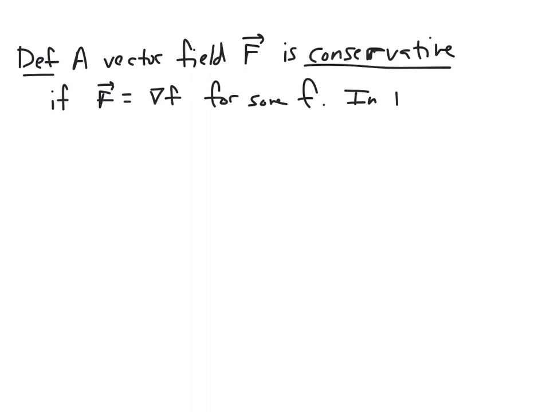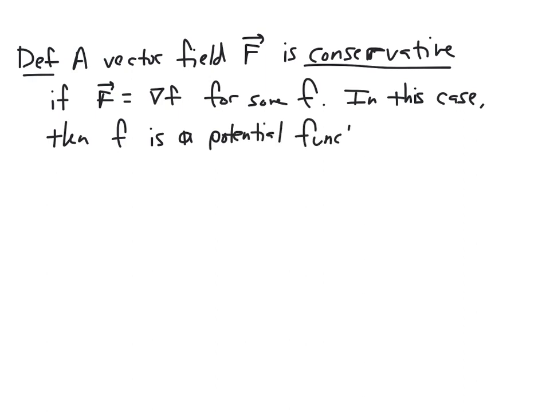In this case, lowercase f is called a potential function for our vector field. This turns out to be one of the most important, if not the most important, properties that a vector field can have. And so we'll eventually come up with a way to really quickly determine whether or not a vector field is conservative, and then in the case that it is conservative, come up with a procedure for finding the potential function.